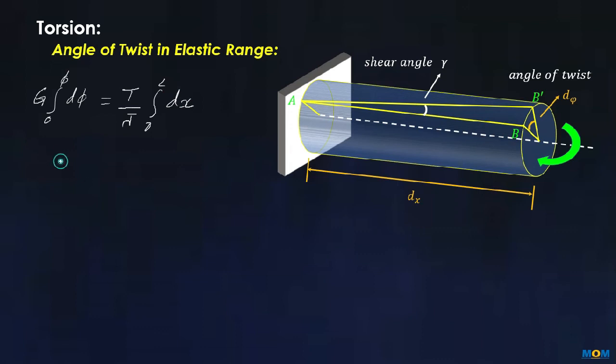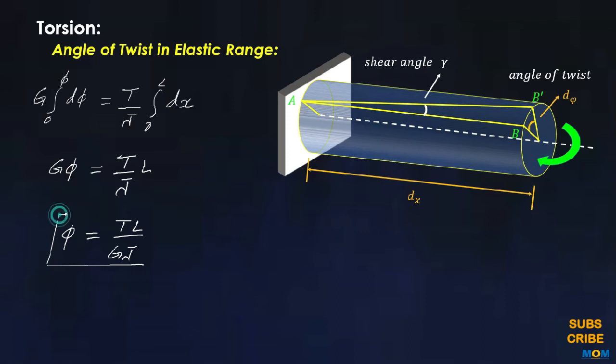So we can write this as G phi is equal to TL upon J. So finally we can write the expression of angle of twist as phi is equal to TL upon GJ. Now in this expression, phi is a function of the applied torque, the length of the shaft, the material property, modulus of rigidity, and the polar moment of inertia.